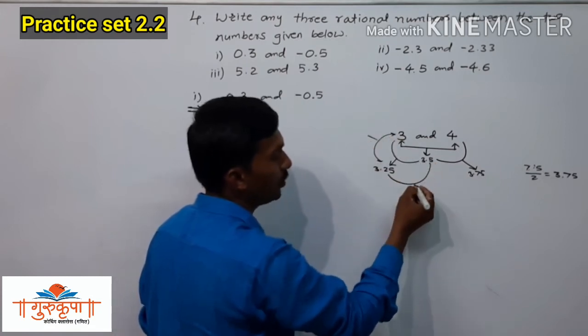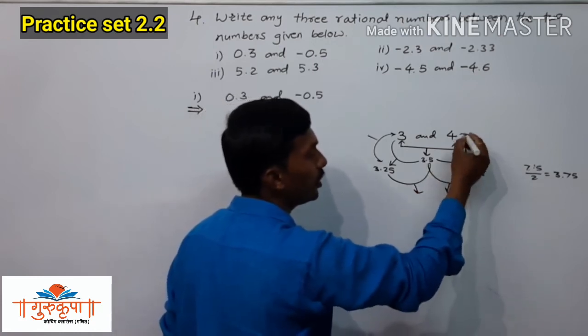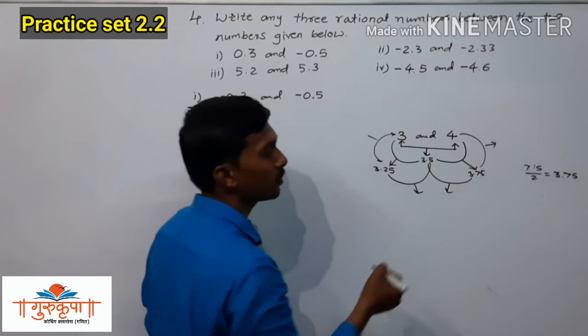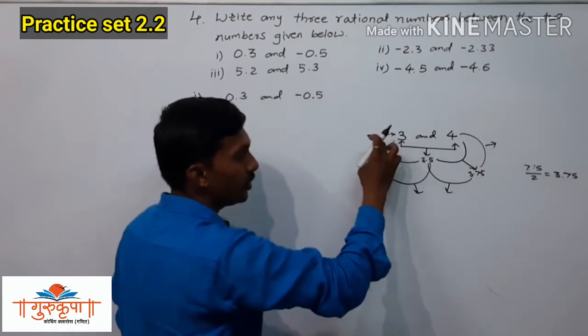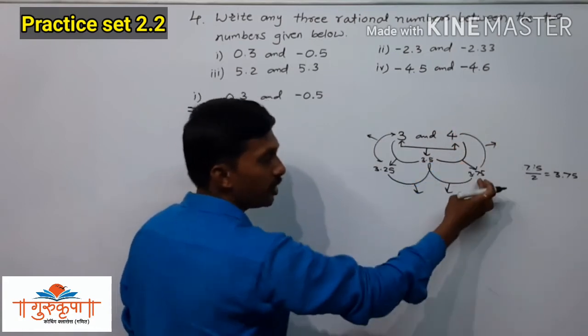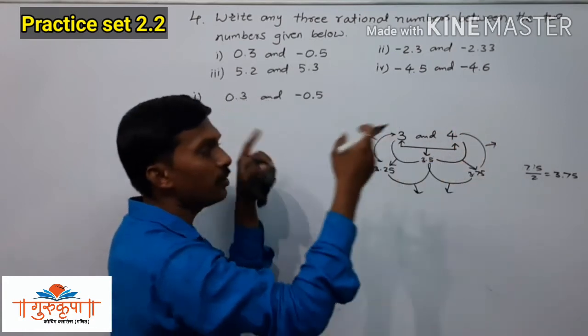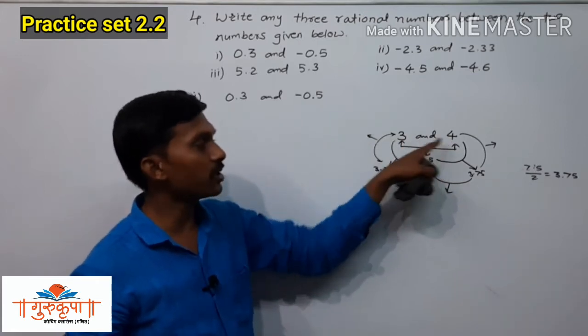Like this we go on, between these two, and between these two, and you will get infinite numbers between the given two rational numbers.